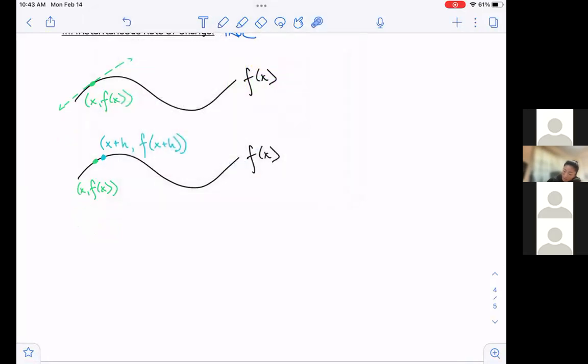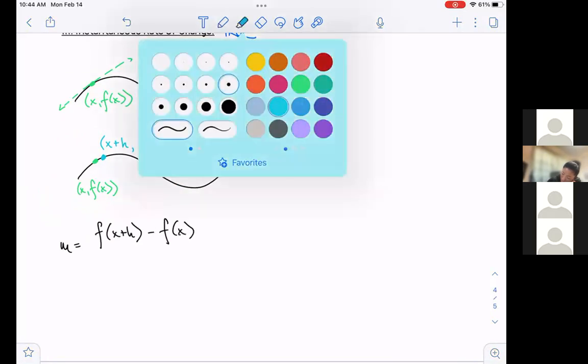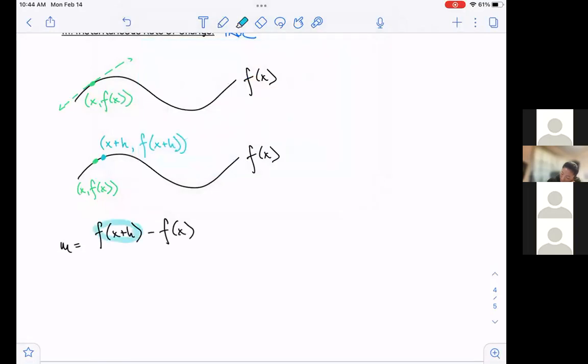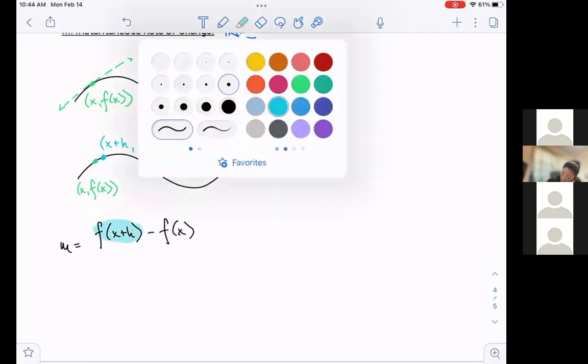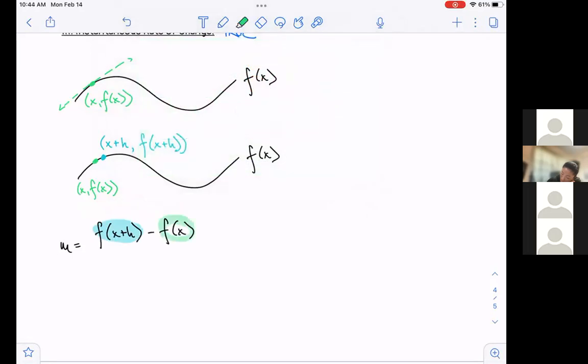If I plug these 2 points into the secant line equation, I'm going to get f of x plus h minus f of x, right? That's the y value of one point and the y value of the other point, all over.